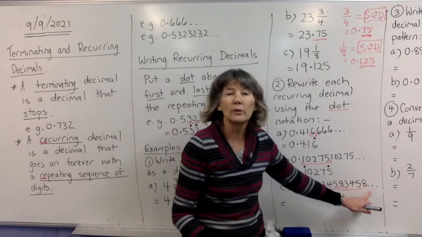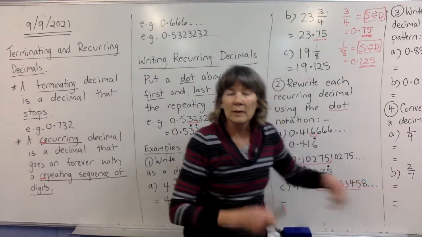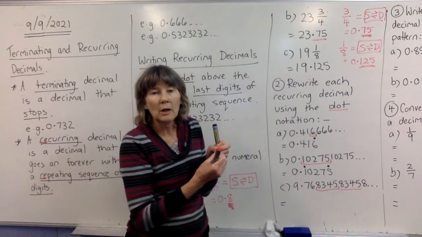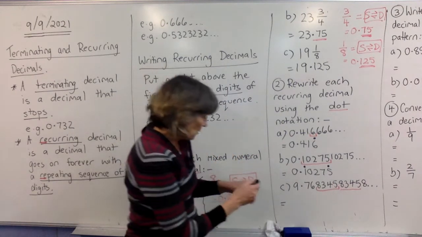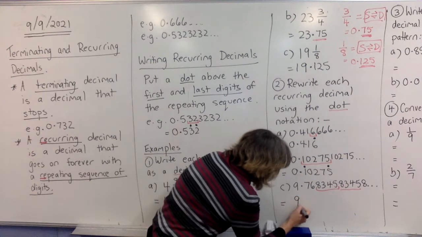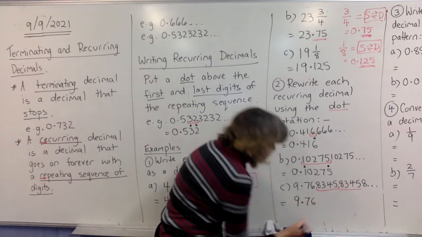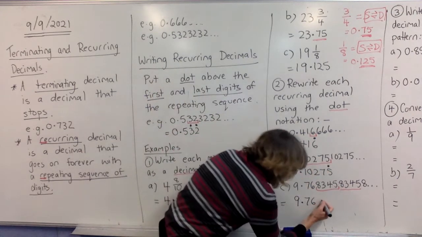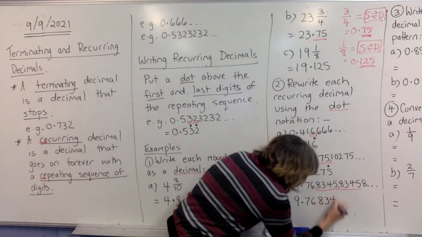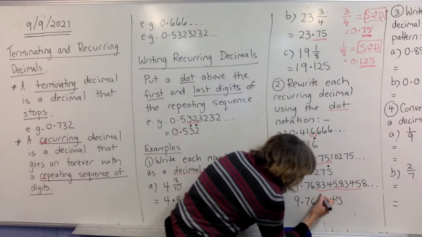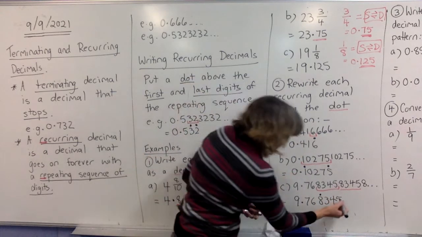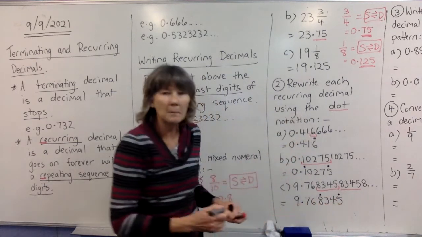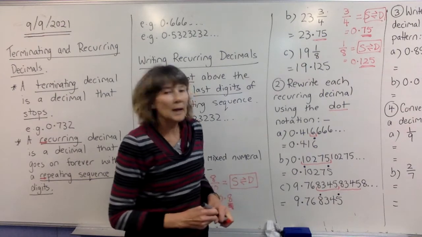So the next one would be 3, 4, 5. They don't have to show you the whole thing at the end there. Okay, so we're going to write it as 9.76. We can see what's repeating, 8345. And we're going to put the dot above the first digit and the last digit of that repeating part. Okay, next question.